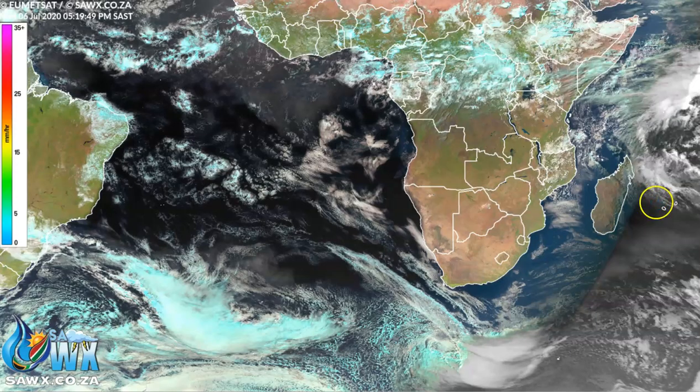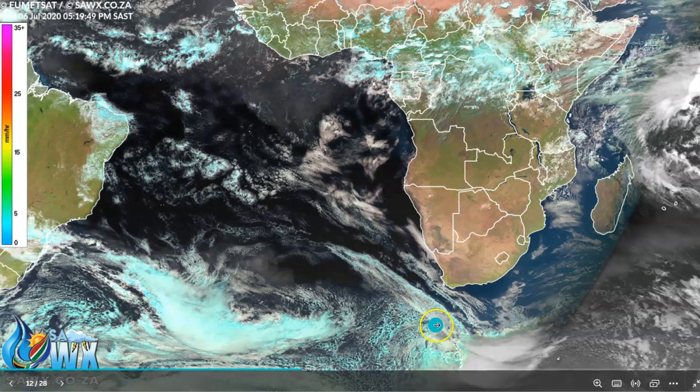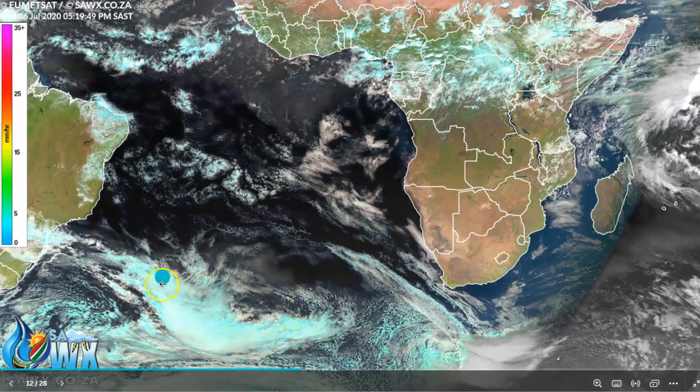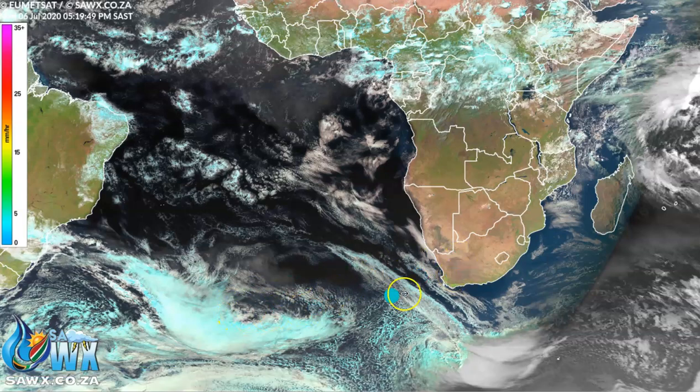All right. This is a satellite image taken in July 2020, so it's winter. This is the mid-latitude cyclone over here that's going to extend across South Africa, but here is a very big one. This one would reach South Africa probably in a day after this, more or less.